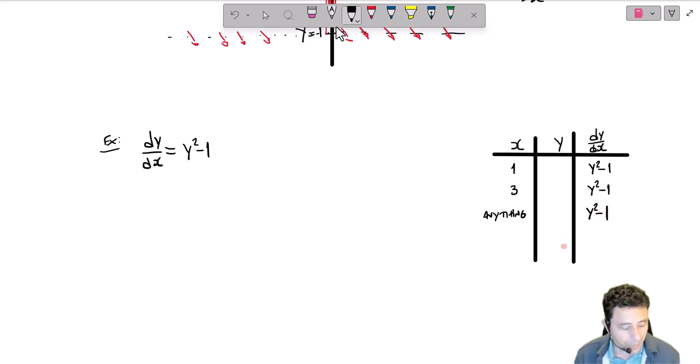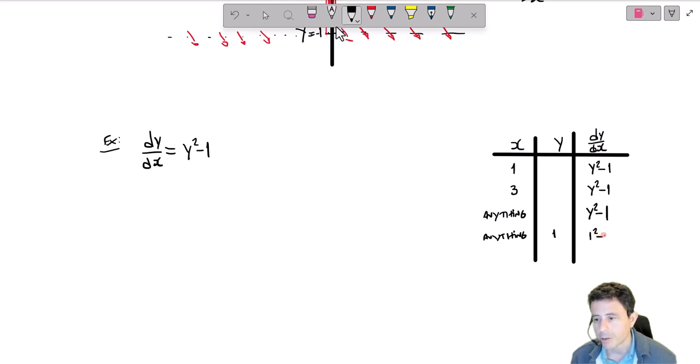So let's suppose x can be anything. Suppose y is 1. Then the derivative would be 1 squared minus 1, which is 0. I don't care about x because x doesn't change anything. So let's pick y equals 2. This would be 2 squared minus 1, and this would be 3.